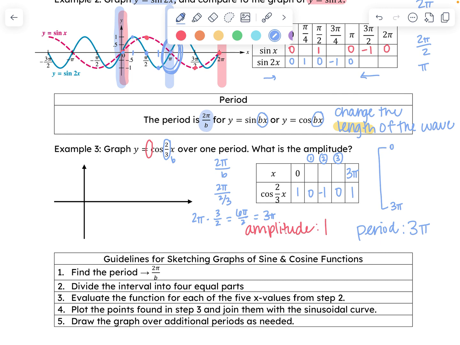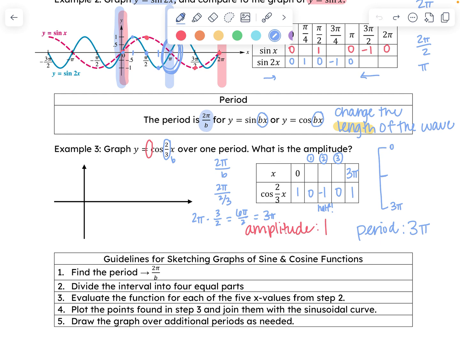But I need to figure out the x values for that 0, -1, 0 part. So what I'm going to look at here is that this one right here that I've labeled as the 2, this needs to be the halfway point. So I'm going to take my 3 pi and I'm going to cut it in half.